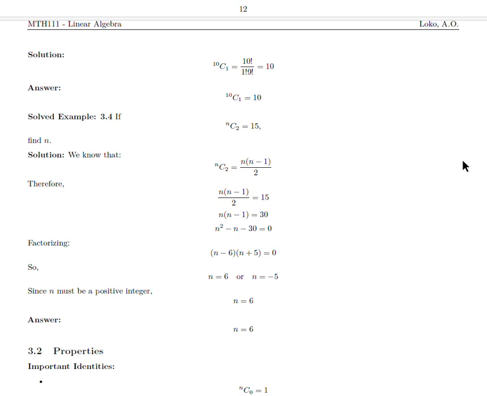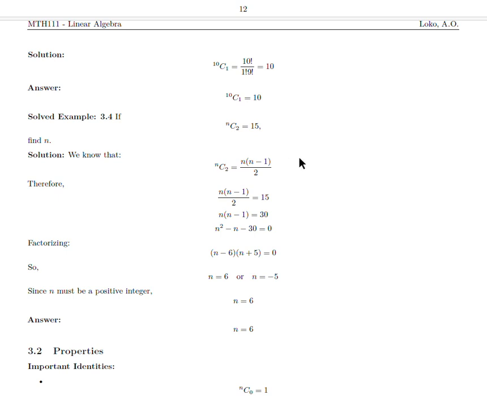We'll keep descending until we get to 1, but we'll stop at n minus 2 factorial, because we will also have n minus 2 factorial at the denominator. Many lines are skipped in this solution, and then 2 factorial as well in the denominator.